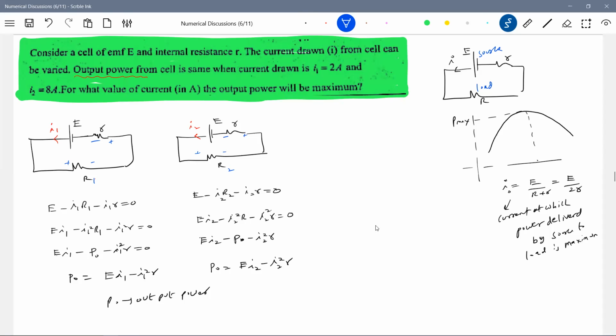For what value of current will the power output be the same? Okay, now, how to proceed further? Somehow we are able to justify ourselves with some answers like this.